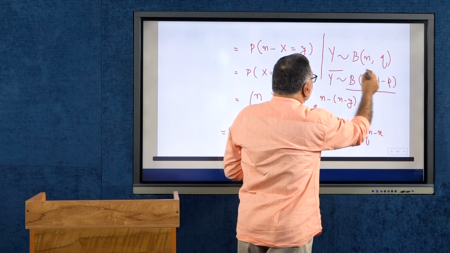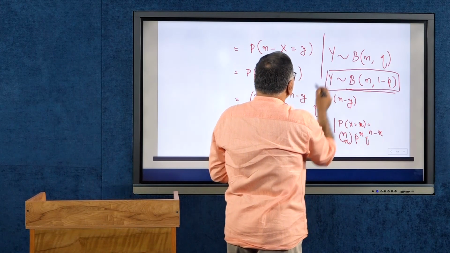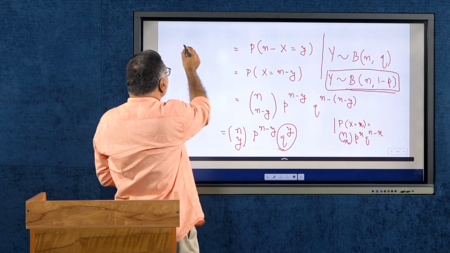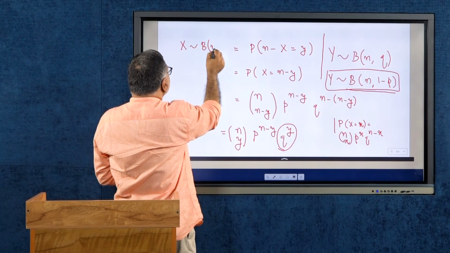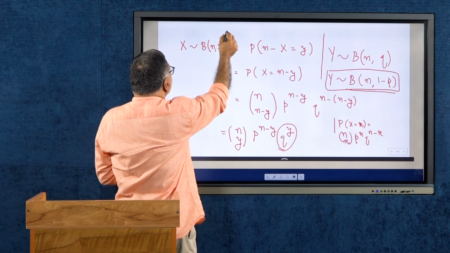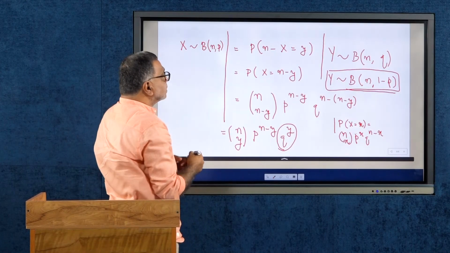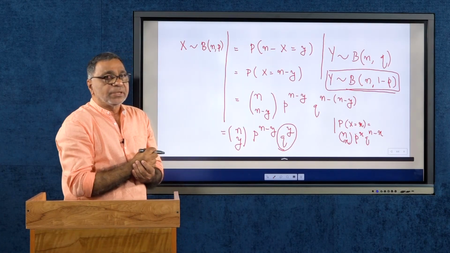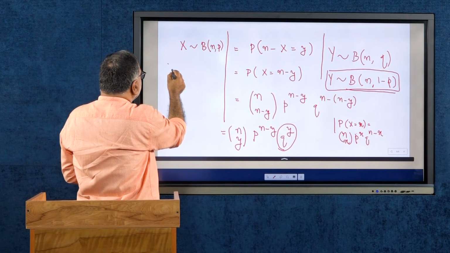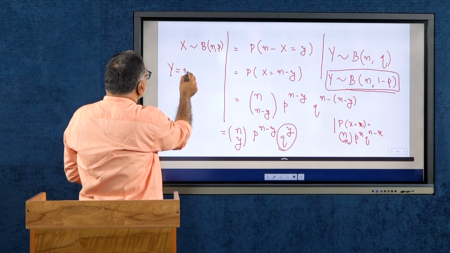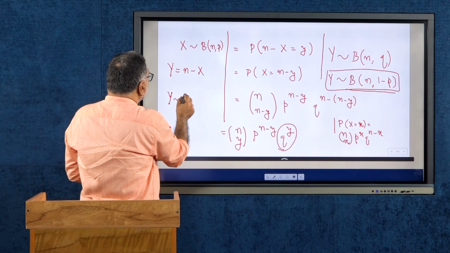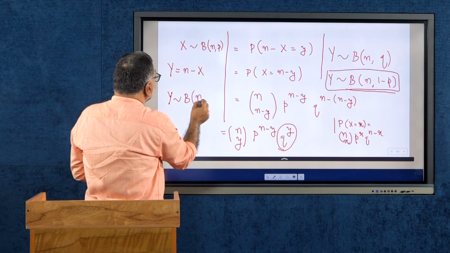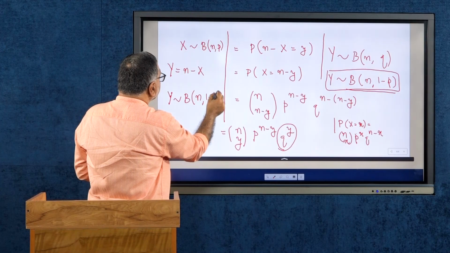So, remember, this is the result we have. Whenever X is a binomial random variable with parameter n and p, and suppose we define Y as n minus X, then Y is a binomial with parameter n and 1 minus p.